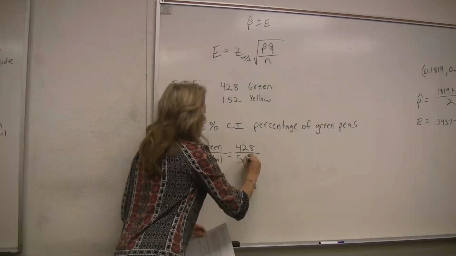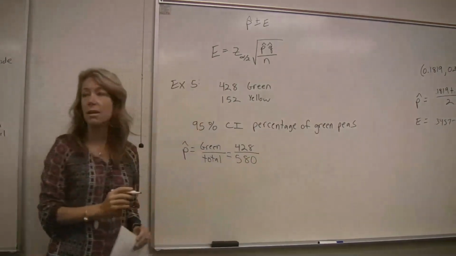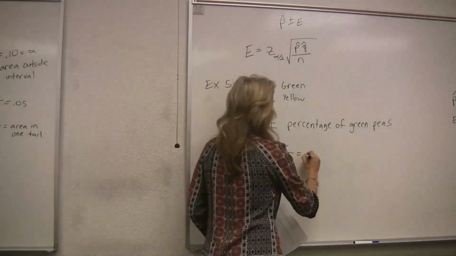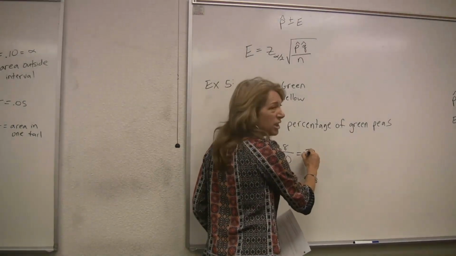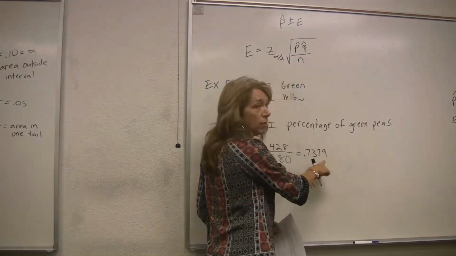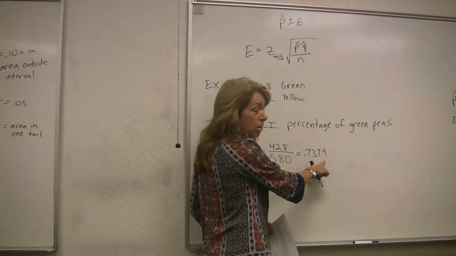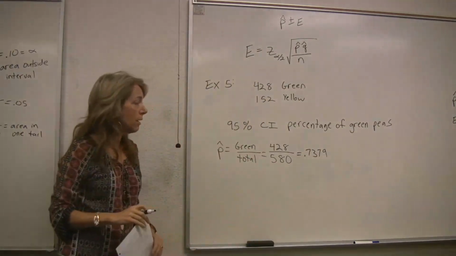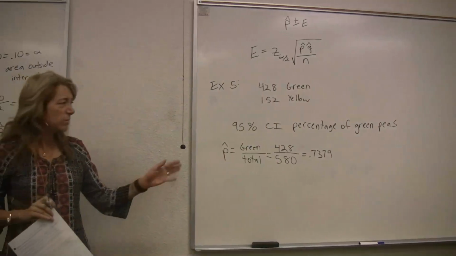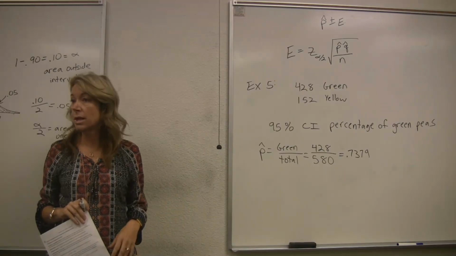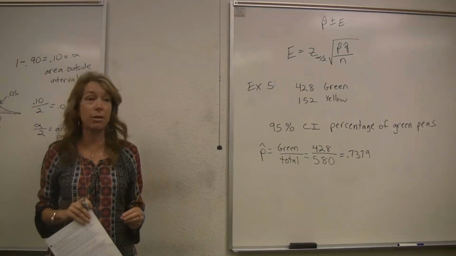That's 0.7379. So almost 74% of his peas were green. That's the proportion from his sample that were green.